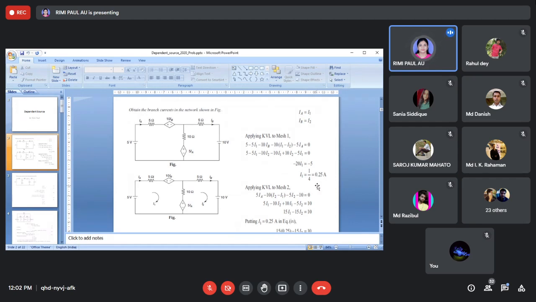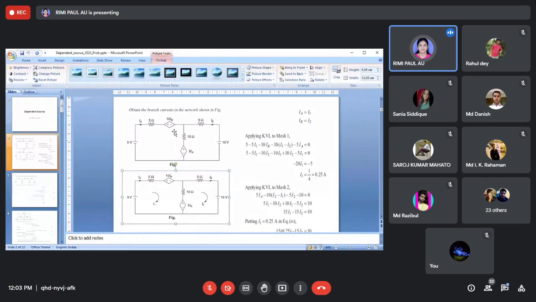I will check whether this answer is right or wrong. So group zone wise, you know your zone. Each zone, one member will respond. If I tell you wrong, you will tell me the right thing. So here V minus 5 plus 10 IB by 5, V minus 5 IA by 10, V minus 10 by 5, that is equal to 0. So find out what is the value of V.